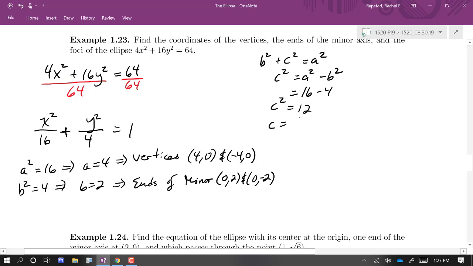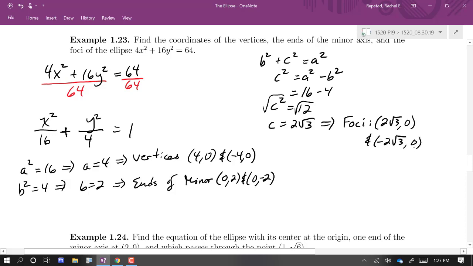So c is root 12, or root 12 is 2 root 3. Right, take out that 2 times 2 times 3, so we take out a pair of 2's, they become a single 2 outside. And what are the coordinates of the foci? If I were to write down, here are my foci. (2 root 3, 0). Mm-hmm. (-2 root 3, 0). Yeah.